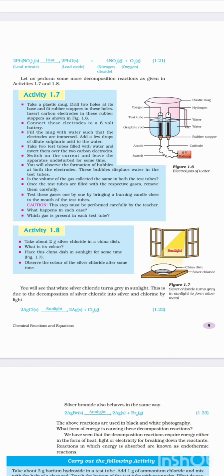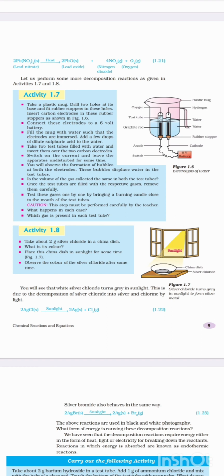We have seen that decomposition reactions require energy either in the form of heat, light or electricity for breaking down reactants. I have already told you that energy can be provided in any form, thermally, photochemically or electrically. Any form of energy can be used to break these reactants into products.